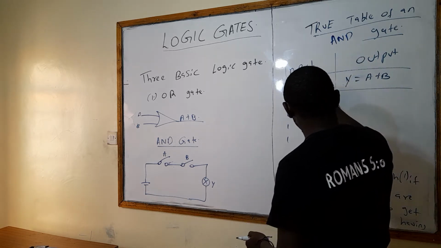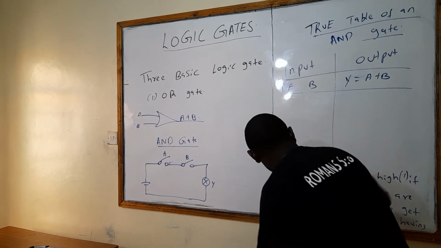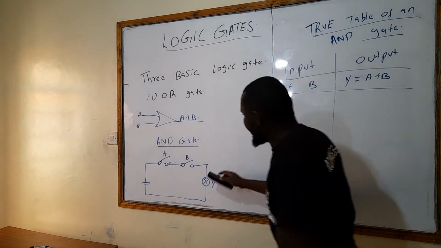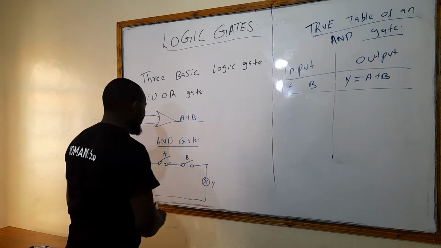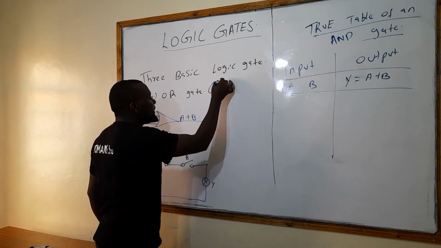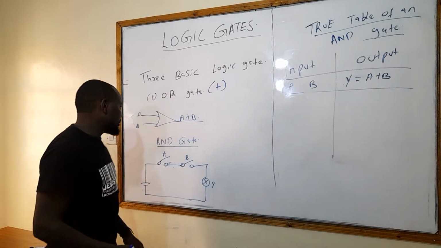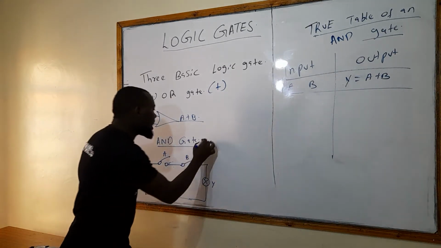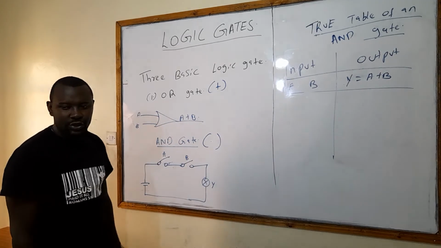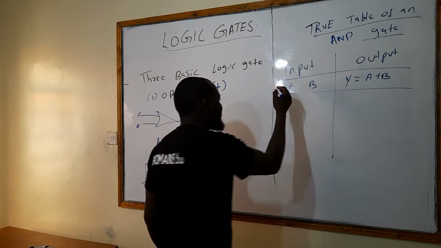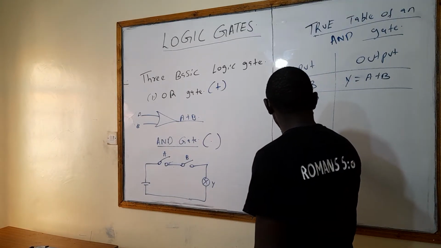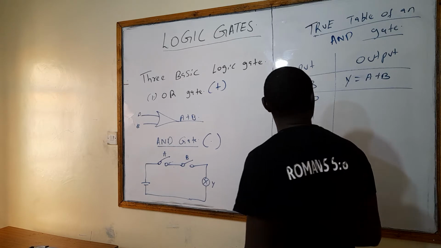So let's write here AND gate. An OR gate has an addition operation. An AND gate has a multiplication operation, so it has a dot. For example, here we are going to have 0 0, 0 1, 1 0, 1 1.